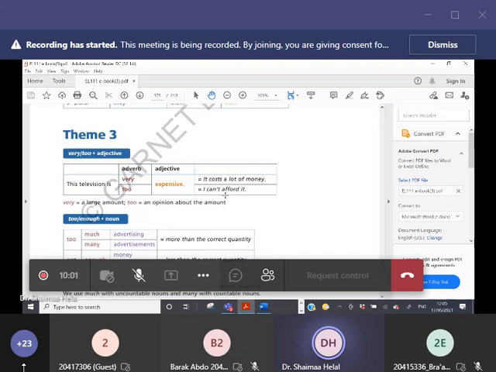Too is related to me? Exactly. Related to you, to your opinion. An opinion about the amount. Exactly. So in all cases, we are using an adverb followed by an adjective. So very means a large amount, but too means an opinion about the amount.